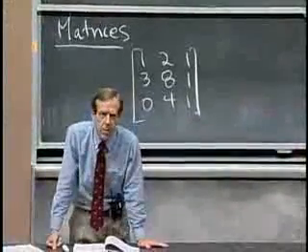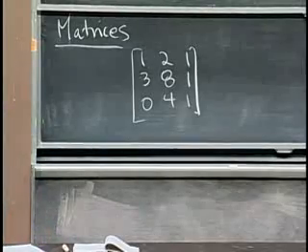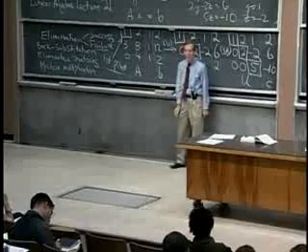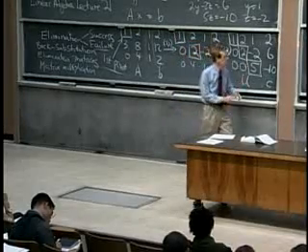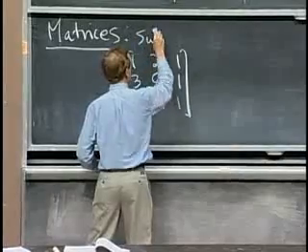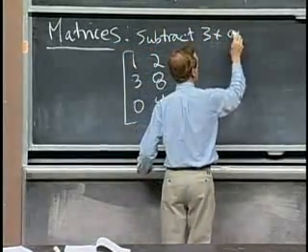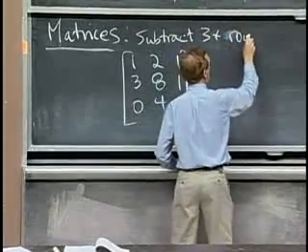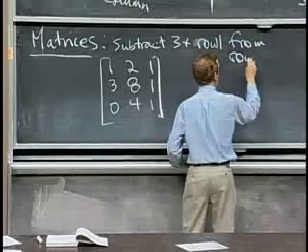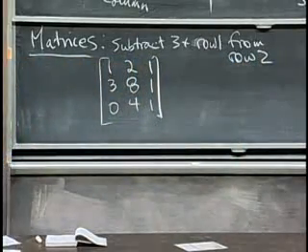Now, my question is, what's the matrix that does this first step? That subtracts 3 of equation 1 from equation 2. That's what I want to do. So this is going to be a matrix that subtracts 3 times row 1 from row 2, and leaves the other rows the same.